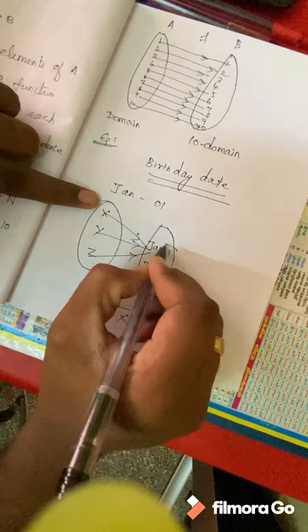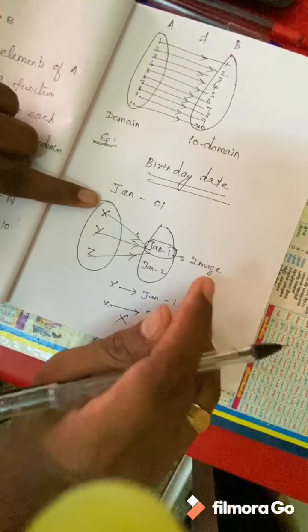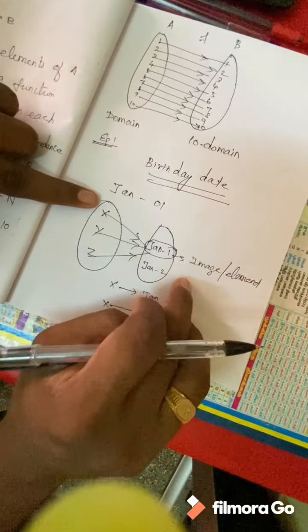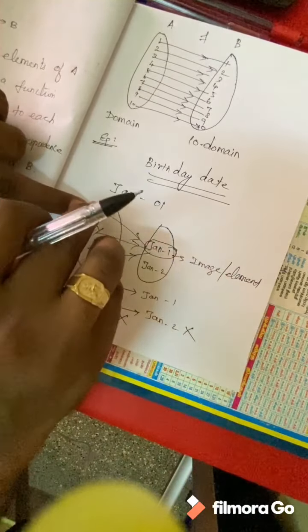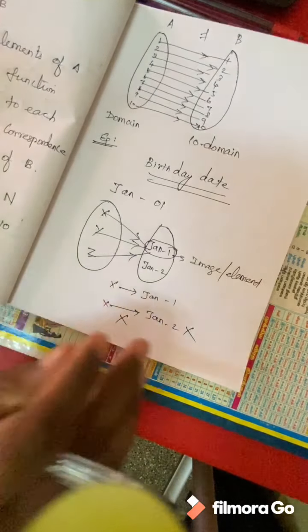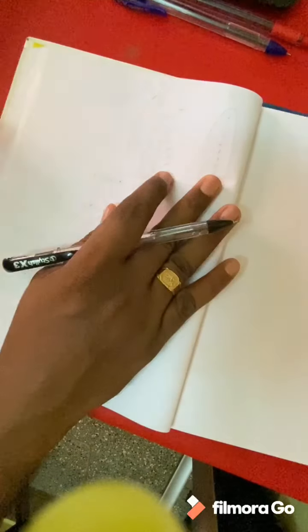But this Jan 1, this element, may act as the image for one or more elements of the domain. I hope you all understood the definition of function.